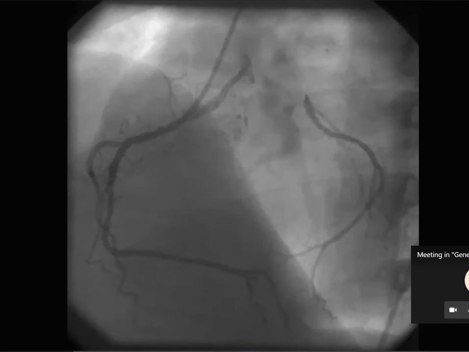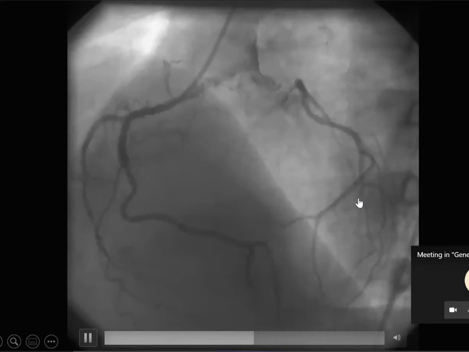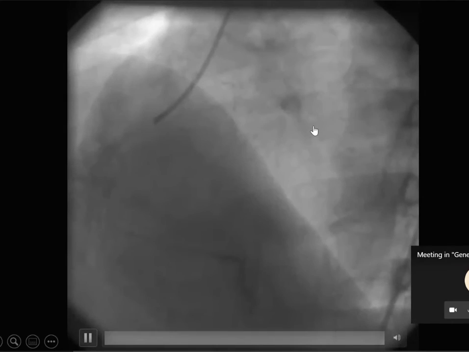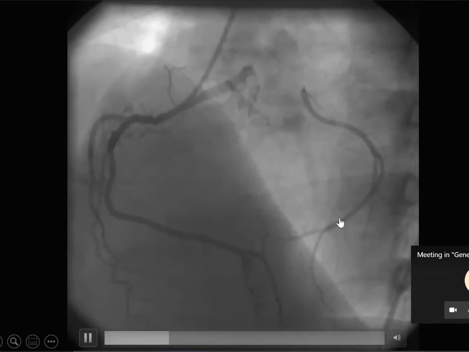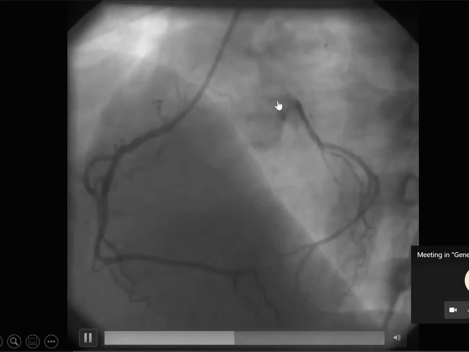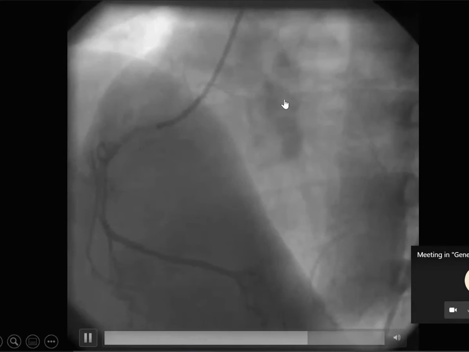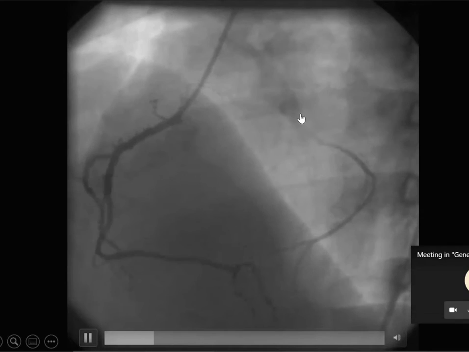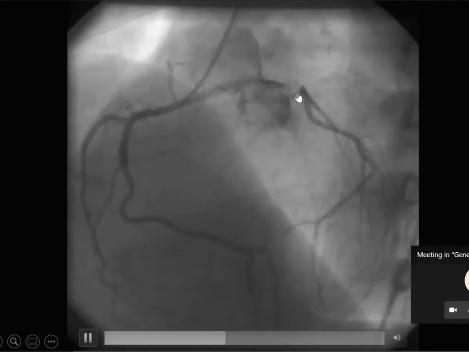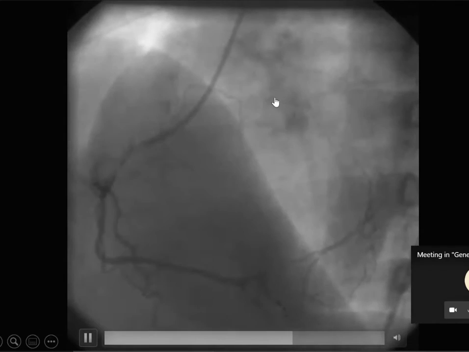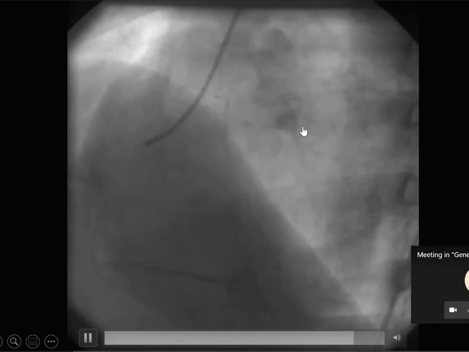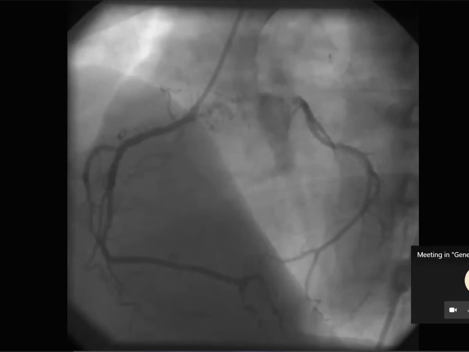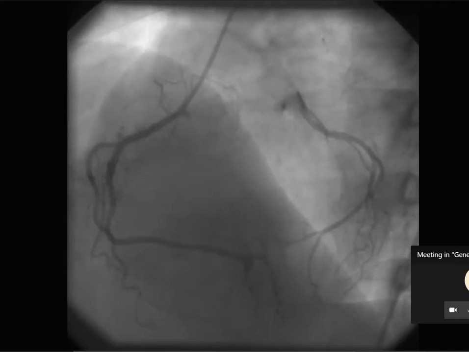Sir, it is filling the left system. What is filling here? Left circumflex is filling. And what is happening at this point? The contrast is refluxing into the aortic root or the aortic sinus.